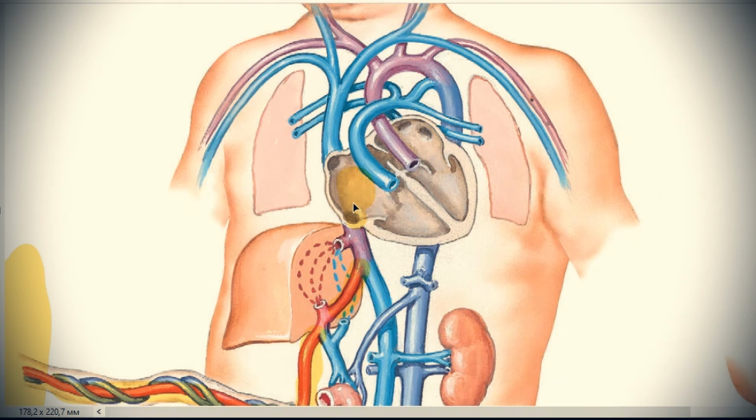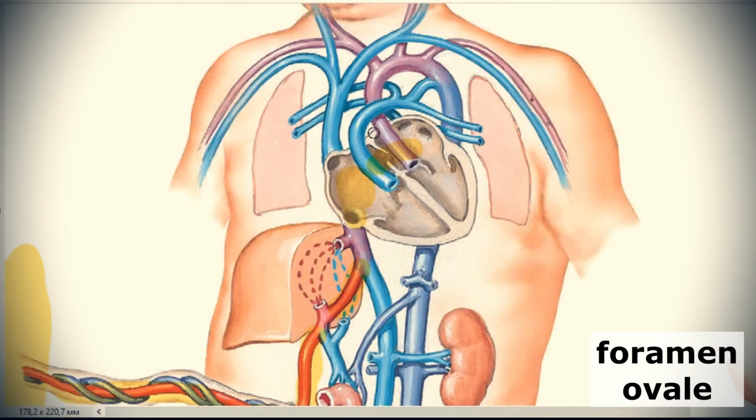atrium dextrum. Next, it's drained from the right to the left atrium via the oval opening, via foramen ovale. You remember in the fetus, in the interatrial septum, there is an opening, foramen ovale, and it is for this drain of blood.